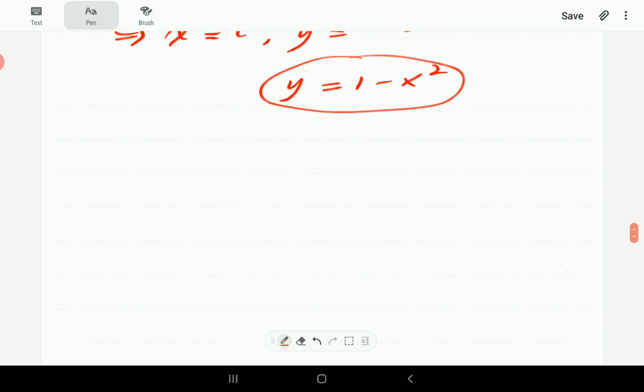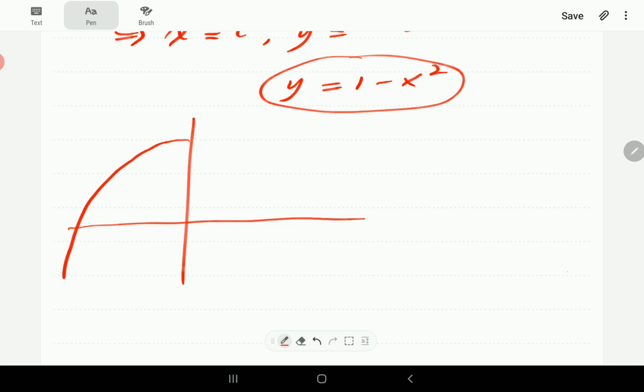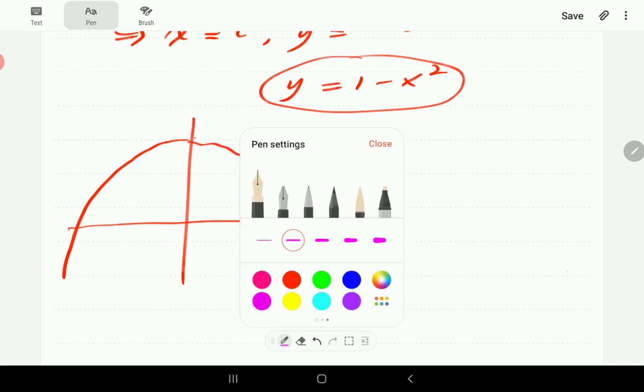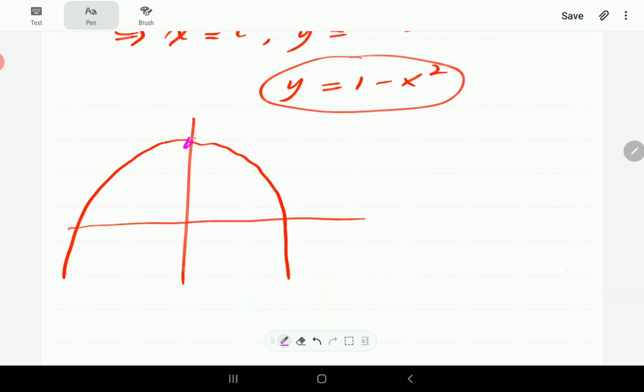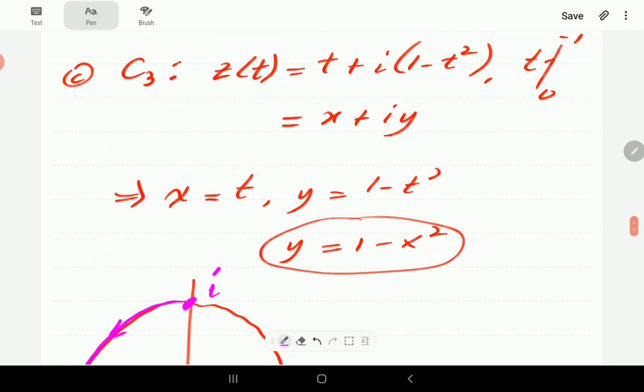It's going to have x-intercepts at plus or minus 1. So it looks something like this. Now, our points of interest are i and -1. So this is the segment of the parabola that forms C3.